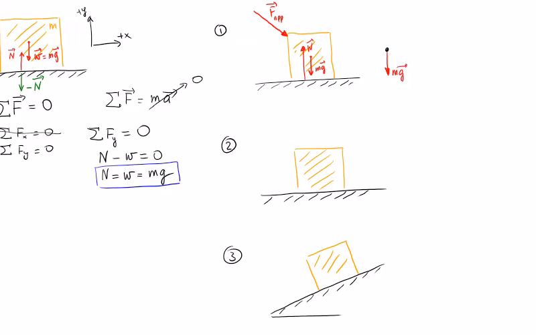So that's the weight. And then, as you can see, the applied force. Remember, we have to put the tail of the force on the object. So the applied force is going to go in this direction, F applied. And then finally, we have the normal force that is going upwards.